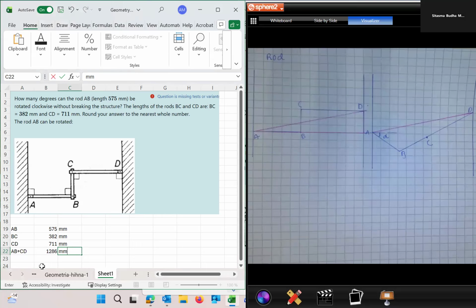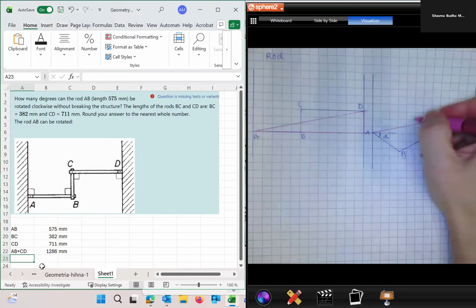Now I can mark that, for example, with X again. It's usually X.